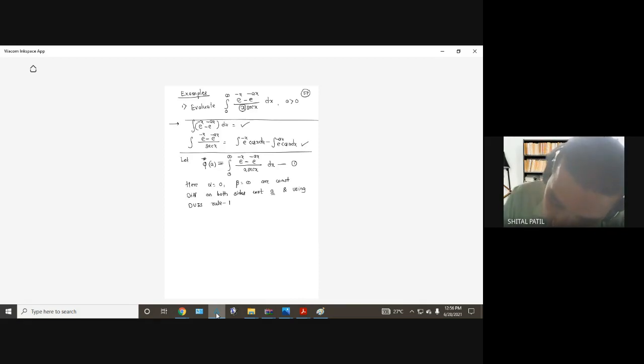Phi is a function of a only, so ordinary derivative d phi by da is equal to integration from 0 to infinity. Inside the integral we have x as well as a, therefore we have to take the partial derivative of e raised to minus x minus e raised to minus ax divided by x sec x, with dx. Now we'll solve this integral part. We will find the derivative.